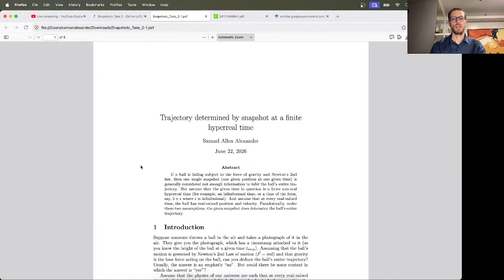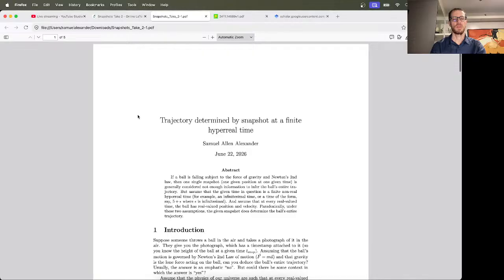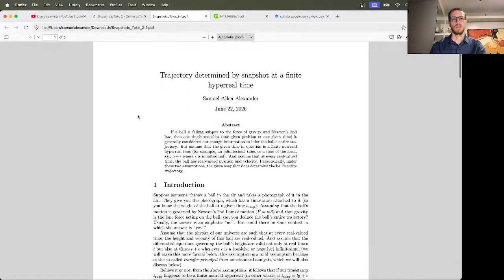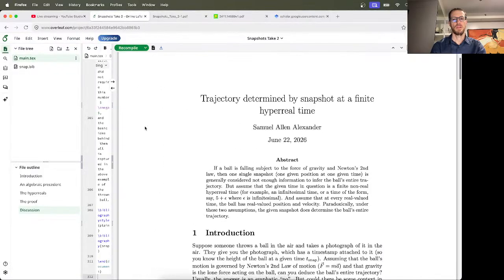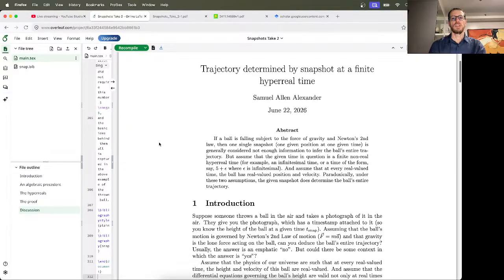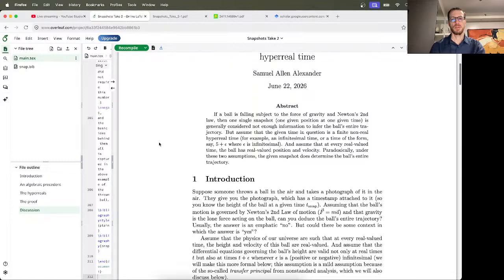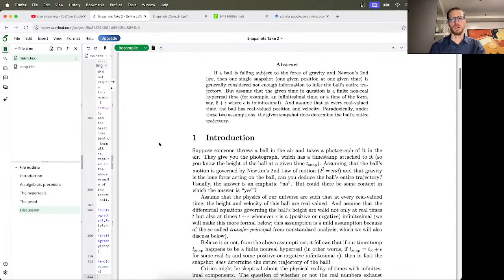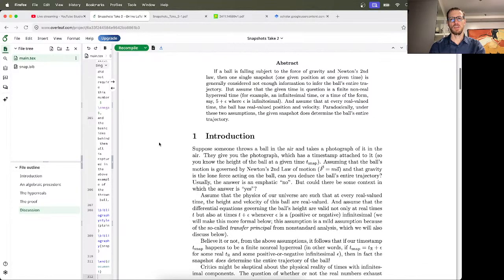Meanwhile, while that's running, let's do some proofreading. Trajectory determined by snapshot at a finite hyperreal time. Abstract. If a ball is falling subject to the force of gravity and Newton's second law, then one single snapshot, one given position at one given time, is generally considered not enough information to infer the ball's entire trajectory.